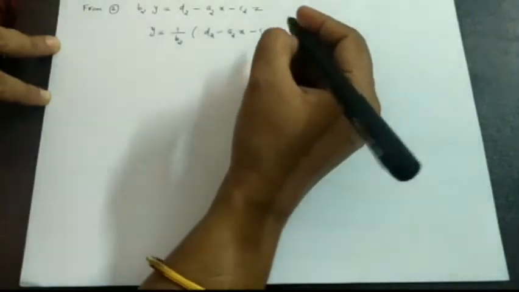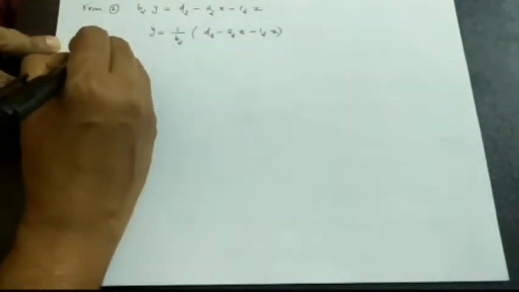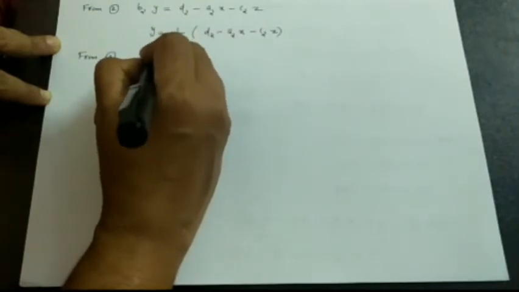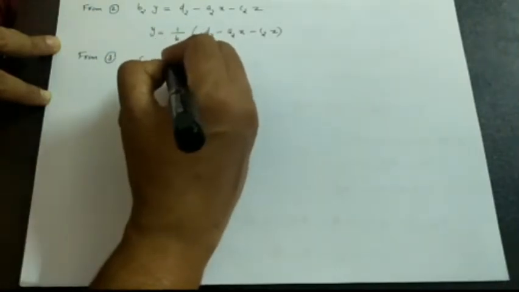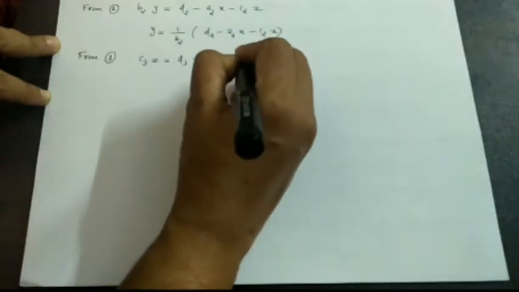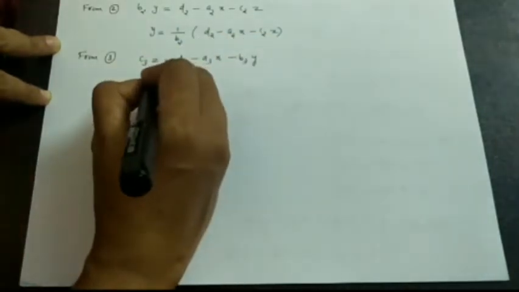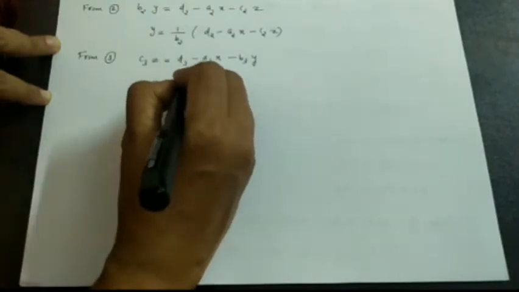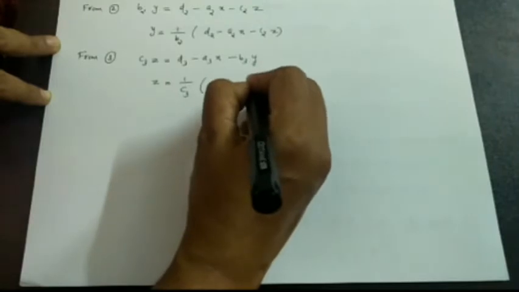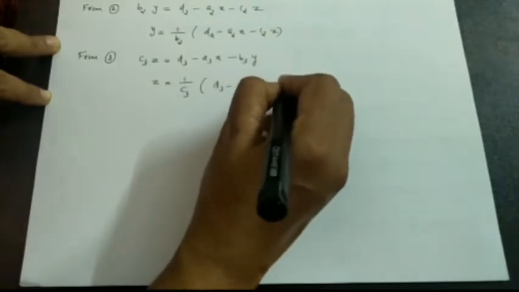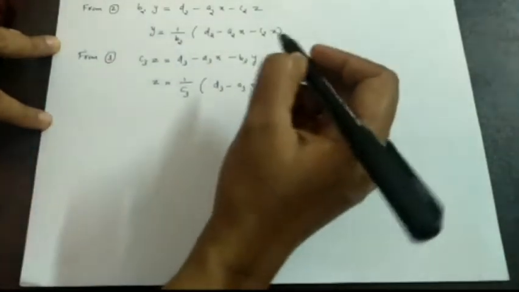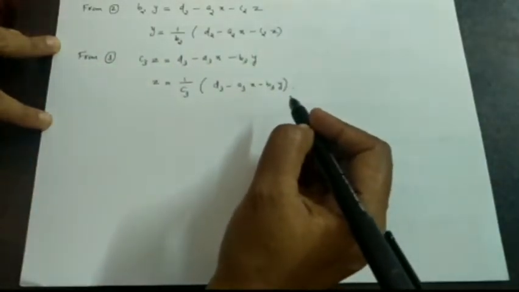Now from equation number 3 we have c3z is equal to d3 minus a3x minus b3y, or is equal to 1 by c3 into d3 minus a3x minus b3y. Therefore we will get the values for x, y and z.